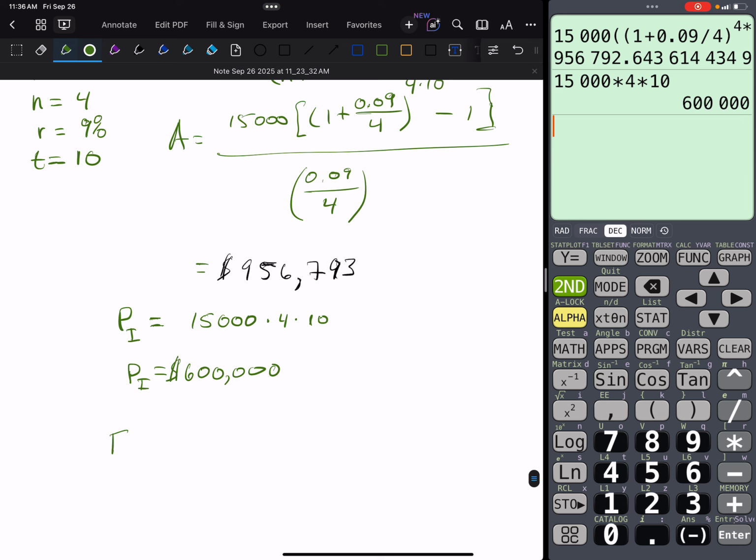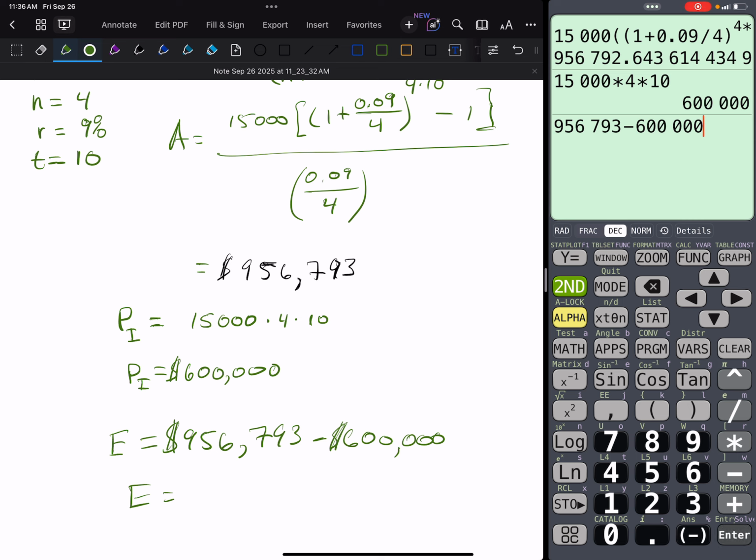And so that would make our earnings $956,793 minus my $600,000. And so my actual earnings are 956,793 minus my 600,000. That's going to give me 356, and we should be able to do that in our heads too.